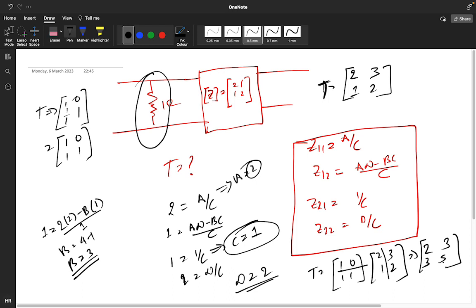When you indulge in that kind of question, then only you will be interested, and then only you will be able to know the star to delta conversion formula and delta to star conversion formula. How many problems you do, then only you will remember this kind of question. The more you practice, the more you learn.